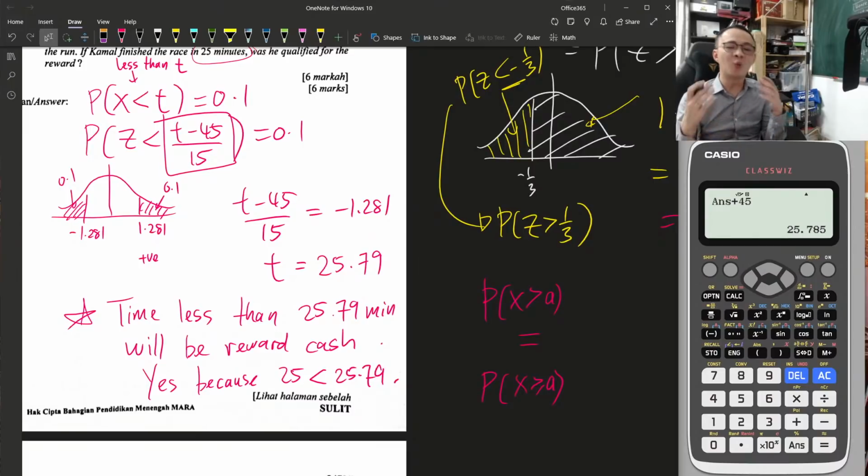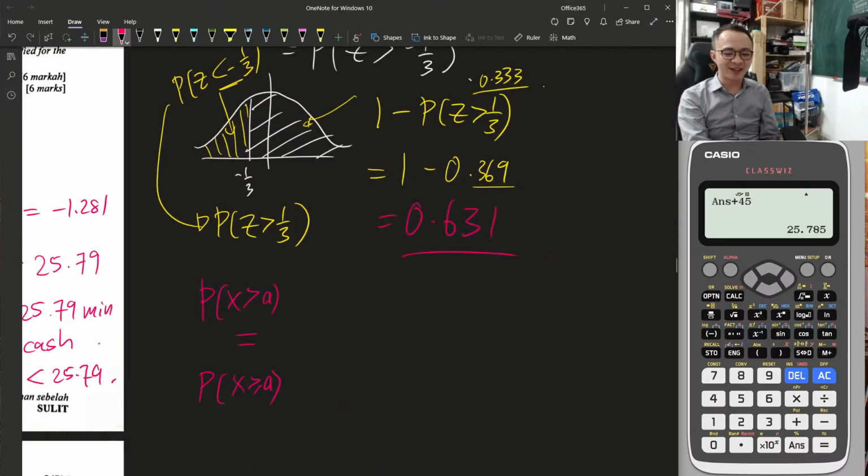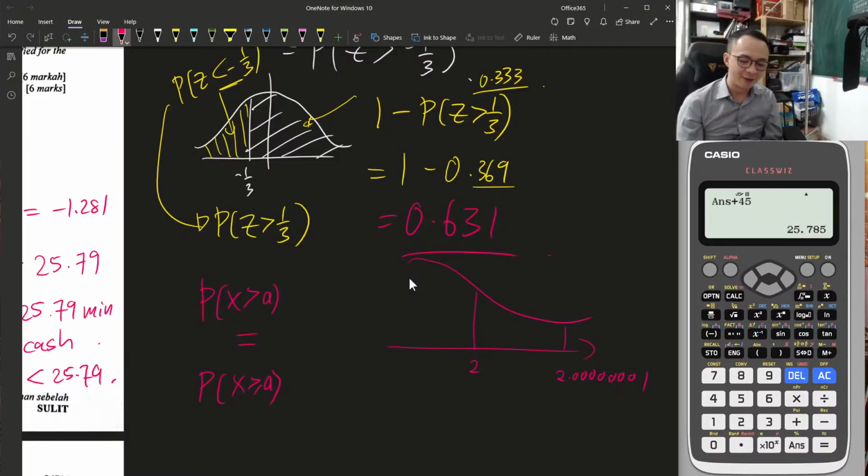And if you want to know why, it's because the data is continuous. So each of the data actually has a super big gap inside. So it's very hard to justify having equal or no equal. So for example, let's say I have a bell shape here, and let's say this is 2. This one might be 2.000000001 because it's continuous.